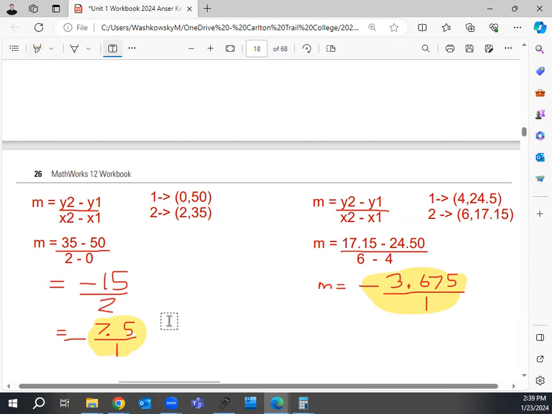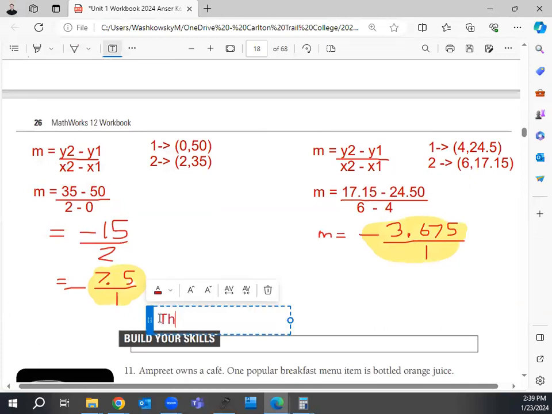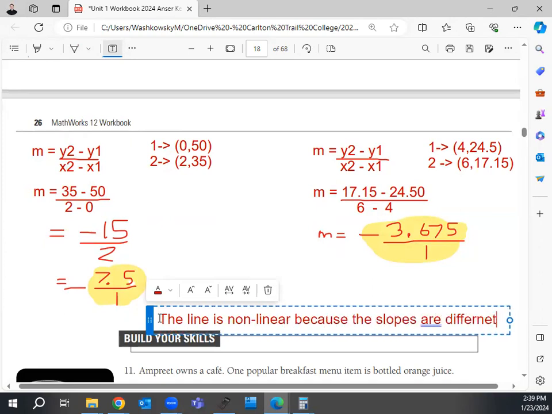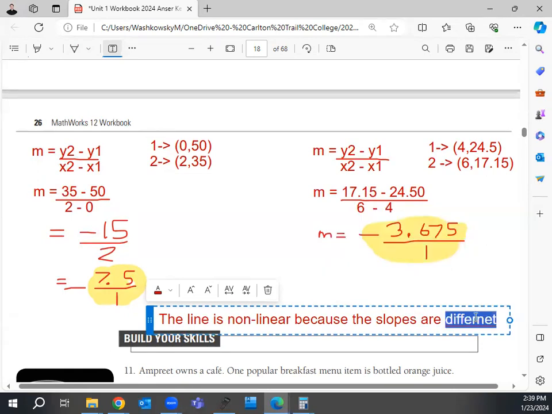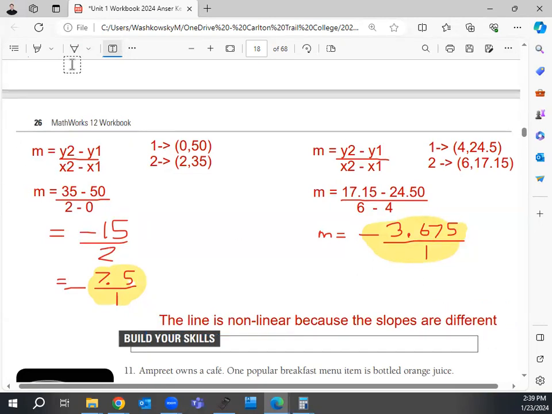Therefore, we can now use this to prove the line is nonlinear because the slopes are different. Sorry, yeah, the graph is nonlinear. Either is fine.